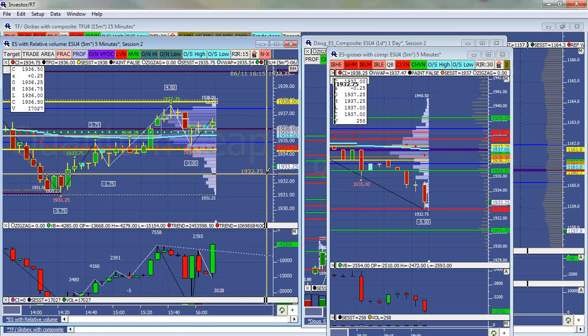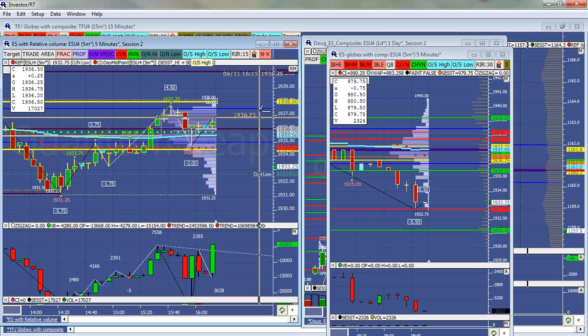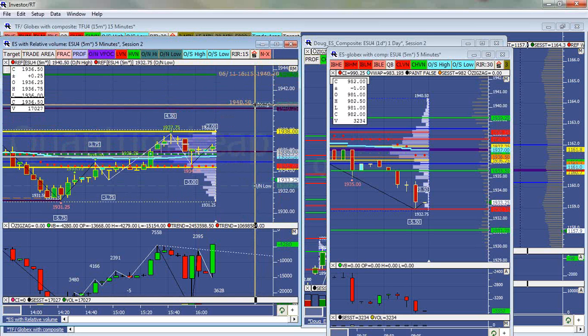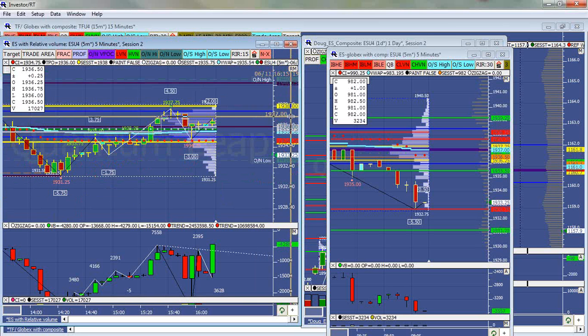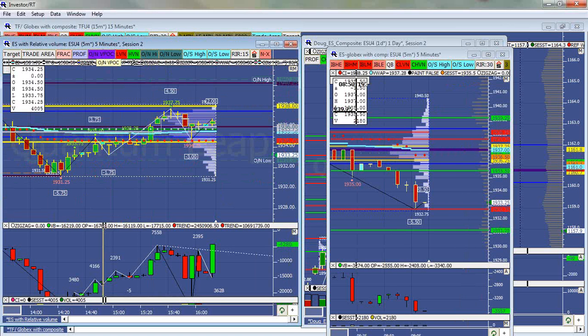Just keep an eye on that for me, Howard, so we can make the adjustment if we go lower. And then the overnight high is up at 40.50. And our current VPOC, and I don't think our VPOC is going to shift overnight, is 1937.